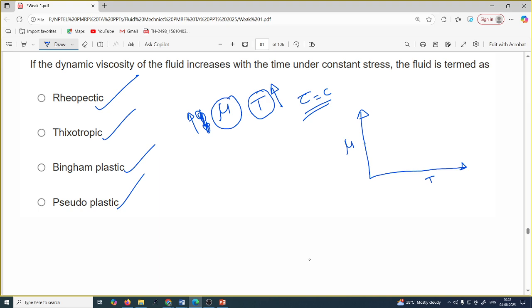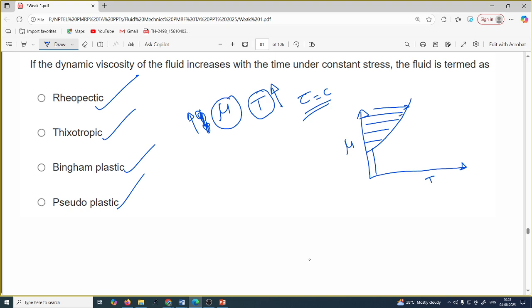As time increases, mu also increases, so the plot will be like that: at time t1, t2, mu is also increasing.